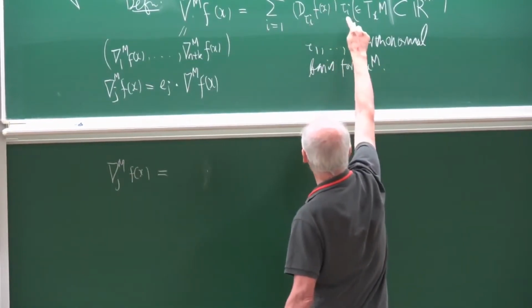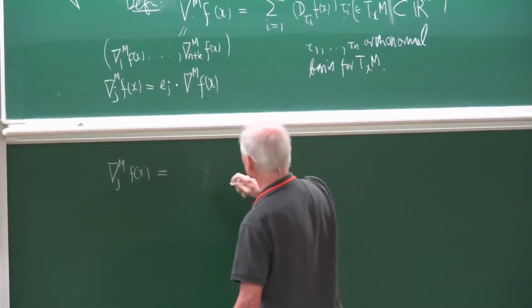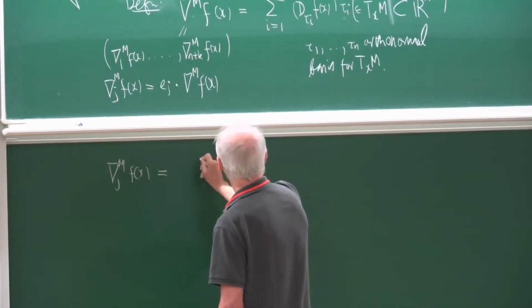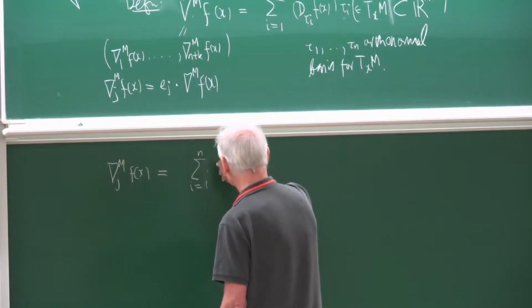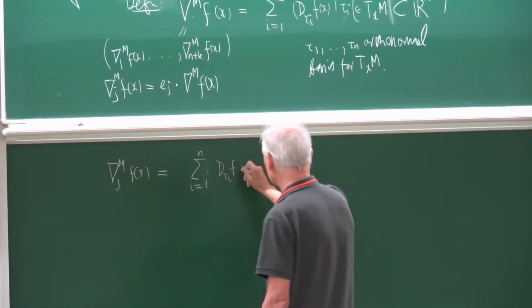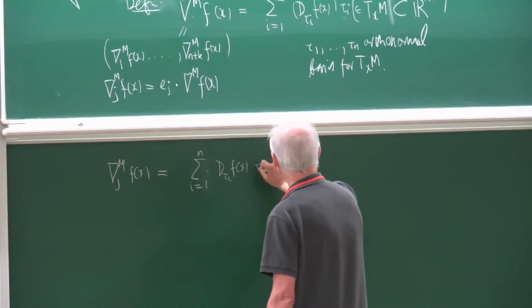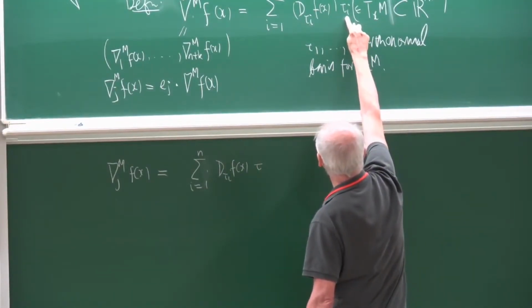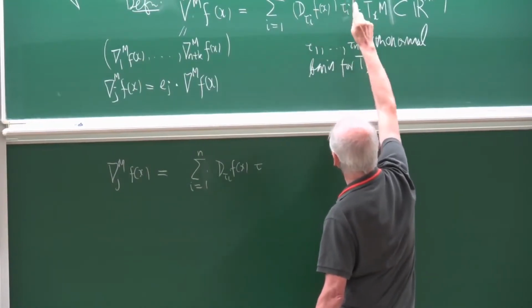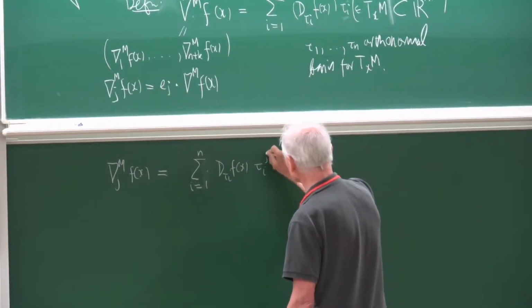Now this is a scalar, so we're just dotting with that vector. So this is the sum from i equals 1 up to n of d_τi f(x), and then you take the dot product of e_j with the ith basis vector, but that's just the jth component of τ_i, so τ_ij.